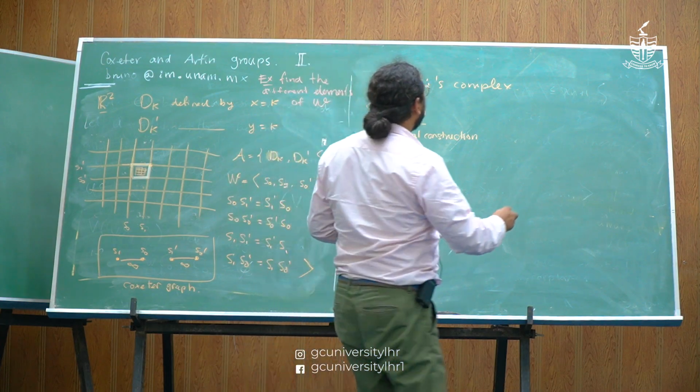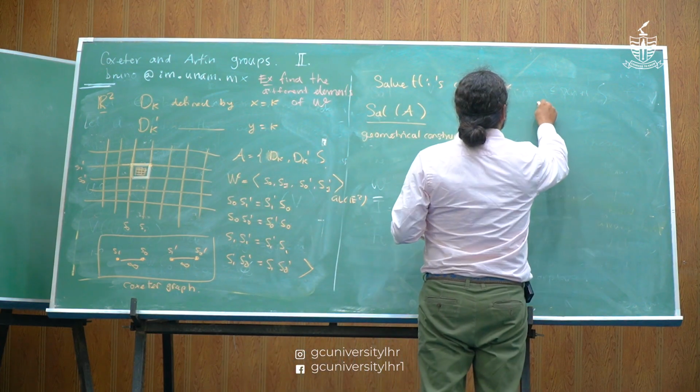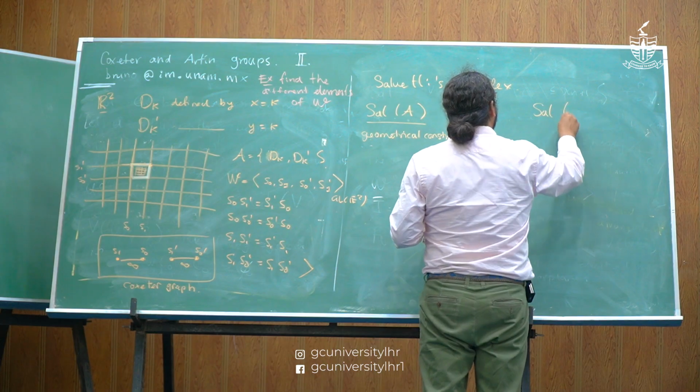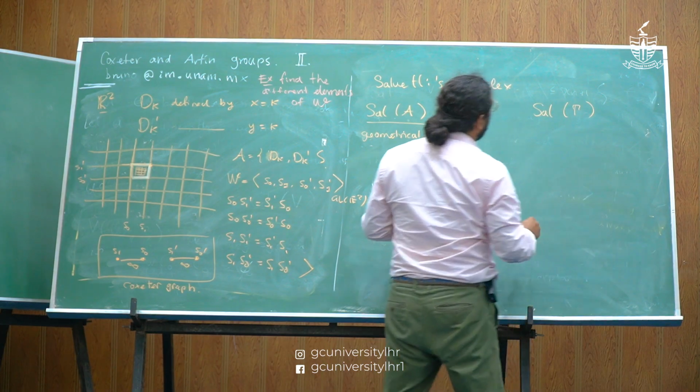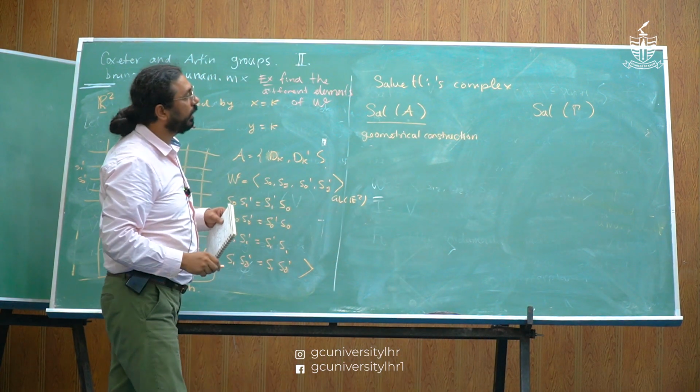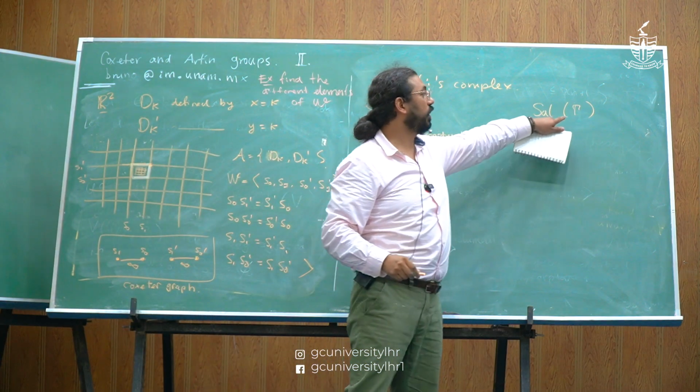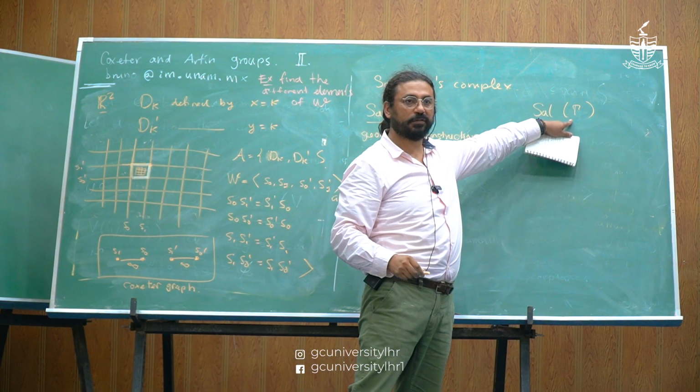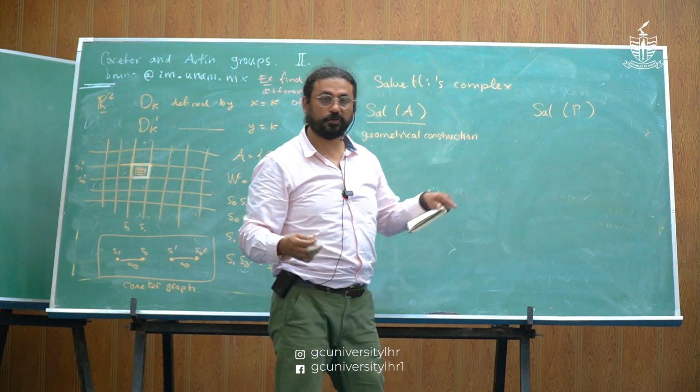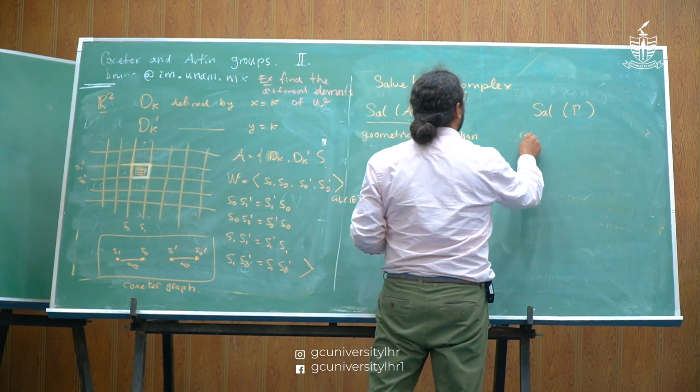But on the other hand, you can make a construction of the Salvetti complex by means only of the graph, by taking certain subgroups. This is a combinatorial construction.